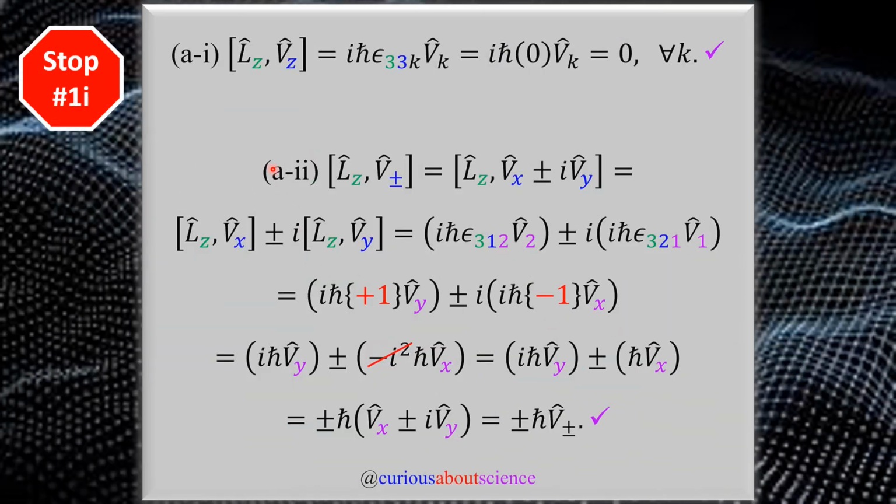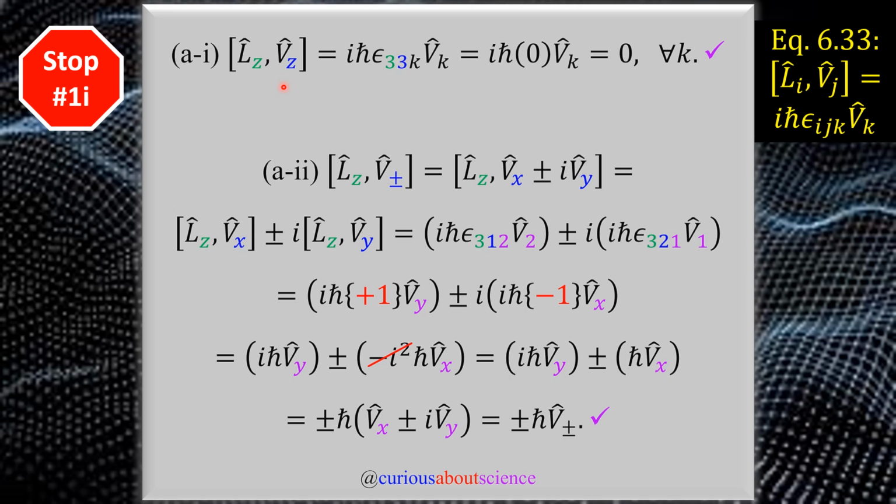Alright, so stop 1 of part A, we just have the commutator of LZ and VZ, which we can read off directly from equation 6.33, which tells us what the vector operator is with the commutator. So we have the i ħ epsilon_ijk, and so we see that we have here Z, which corresponds to the index number 3, and Z, which corresponds to index number 3.